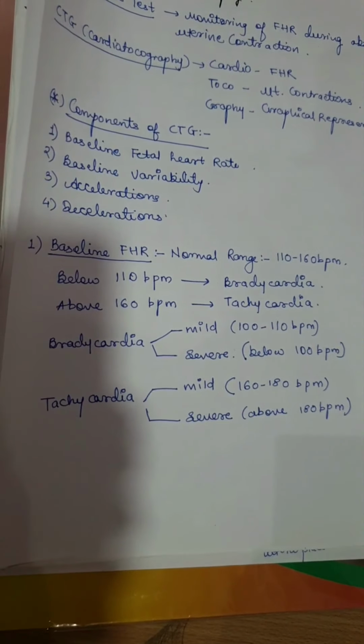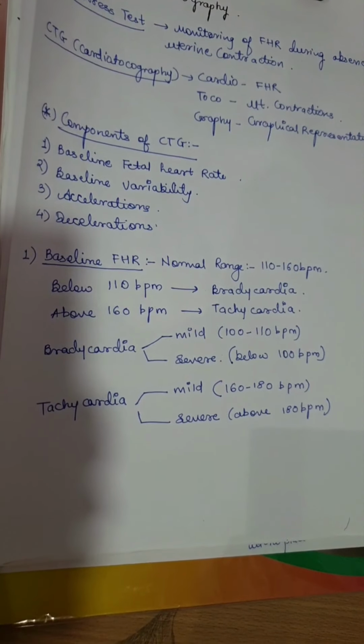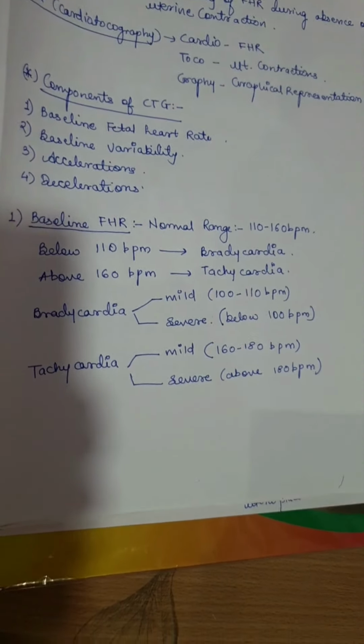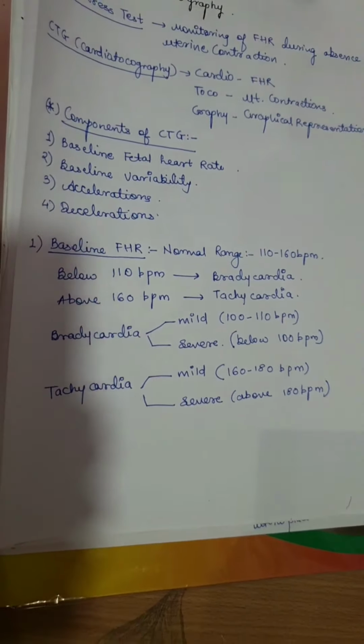Now what causes fetal bradycardia? If there are some serious issues related to the fetal heart, or if there is a congenital heart block, or if the fetus is seriously compromised, then we will see fetal bradycardia. These are the fetal factors. Now, what are the maternal factors?